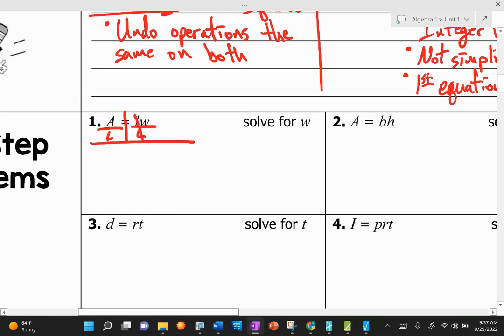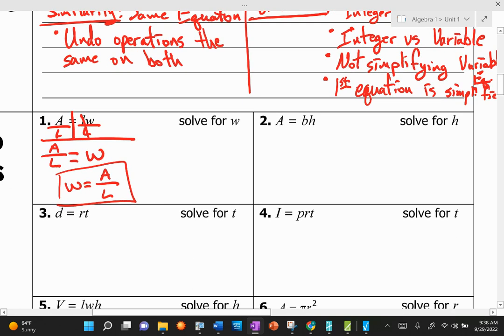The L's cancel out on the right, give us W. So your final answer is going to be A over L. Not too bad. Okay.